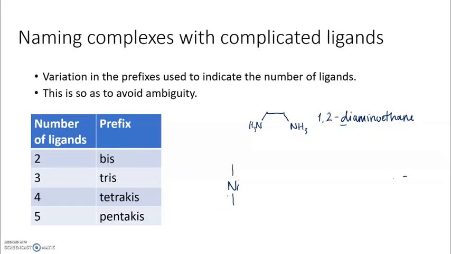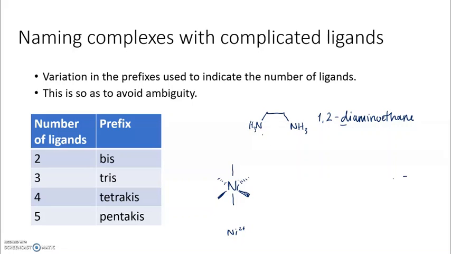Let's go for a nice octahedral complex of nickel. I'm going to say that this is going to be Ni2+ in the center. And because this is octahedral, we've got a coordination number of 6, so we would need 3 bidentate ligands.